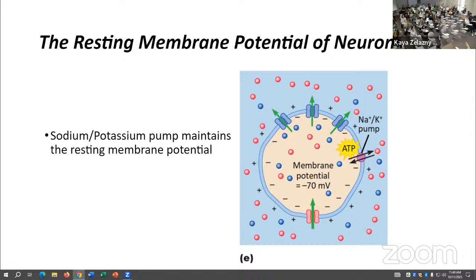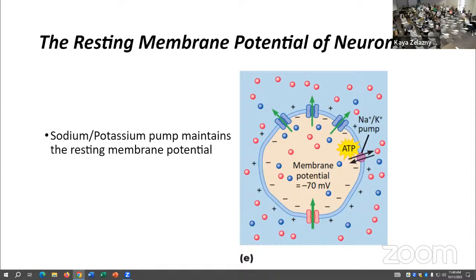So a change in our membrane potential, changing from that resting state. We're going to start to see that we're going to have spikes of that membrane potential that trigger the release of our neurotransmitters, our brain chemicals, in order to make other neurons fire off. So we're starting out by figuring out how that baseline is created so that we can understand why it changes, how it changes, when it changes.